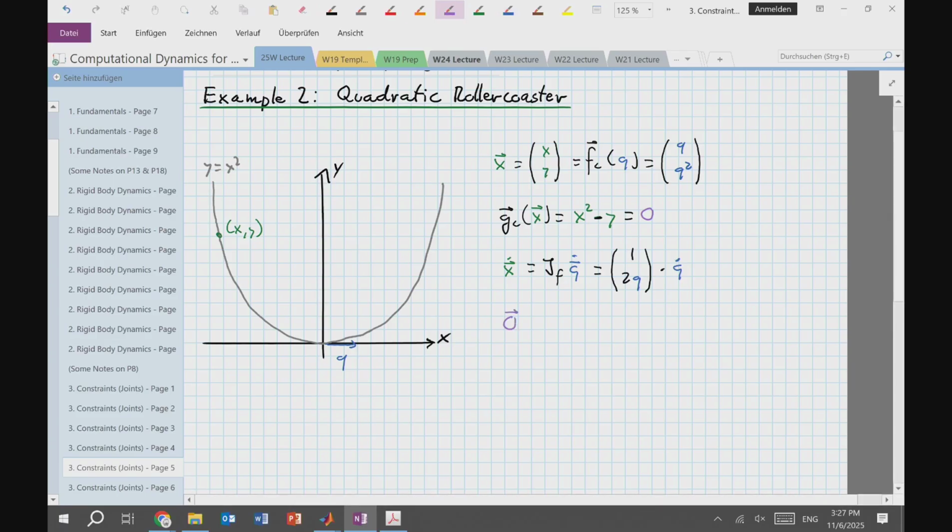And then for the implicit constraint, I have that 0 is equal to JG transposed times x dot, where JG transposed is the partial derivative, so we would get 2x and a minus 1, of course, times x dot, which are the velocities in x and y direction.